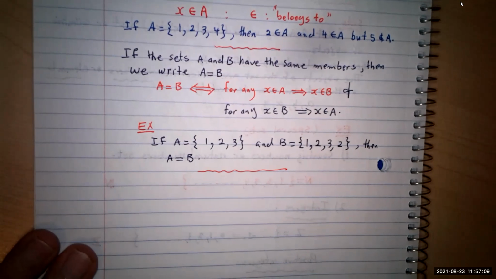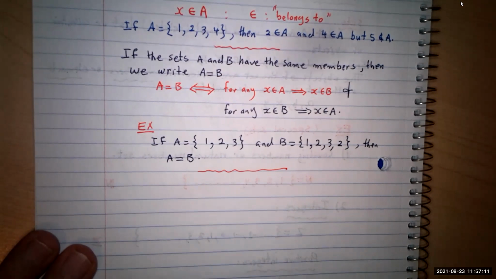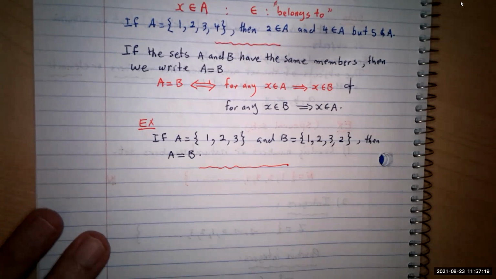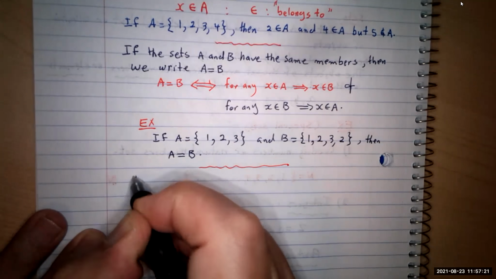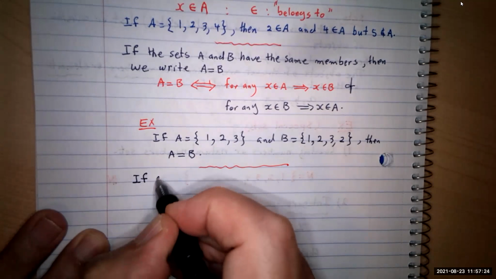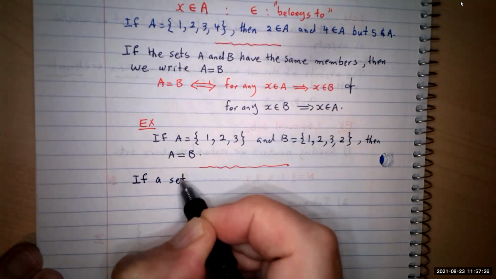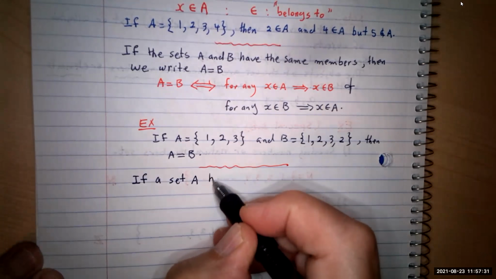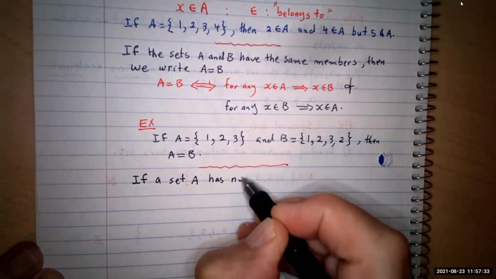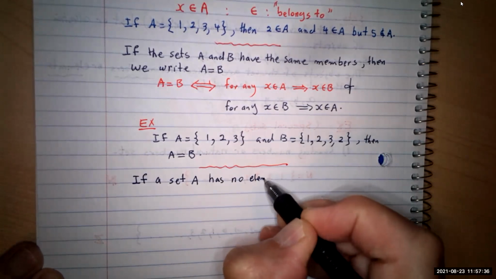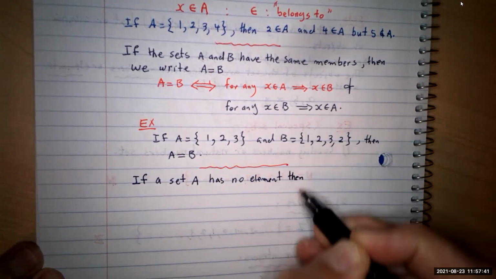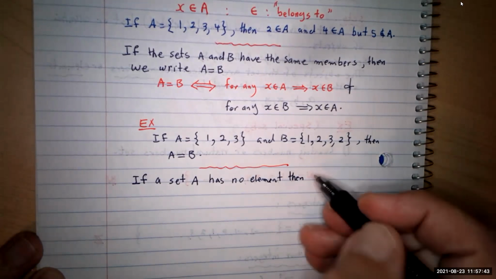So now we have the comparison, how we're going to do it. Now there are some other things that we have to do to be able to take care of this system. You may have a set with no members, okay? So we have a notation for that one, and it's going to be very important for us. So if a set A has no element, no member, then we call this one an empty set.